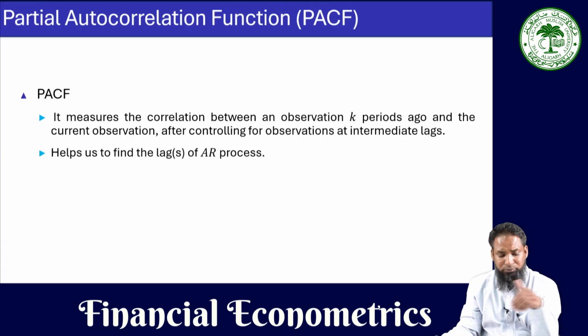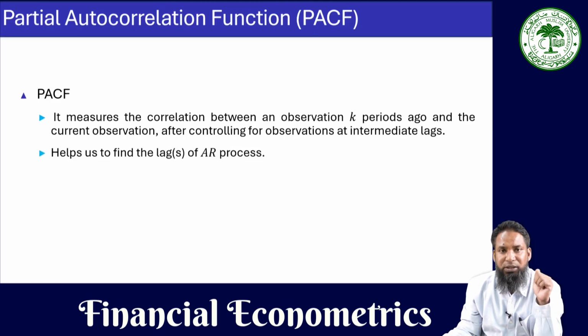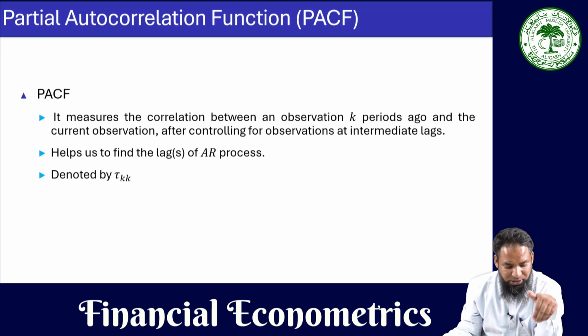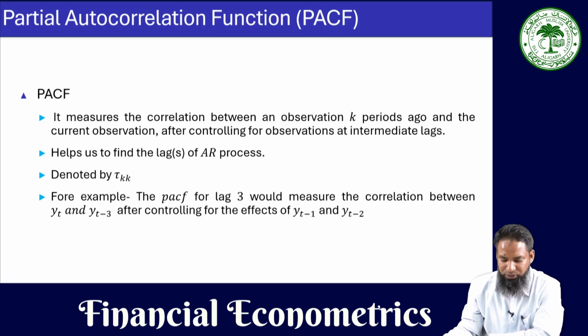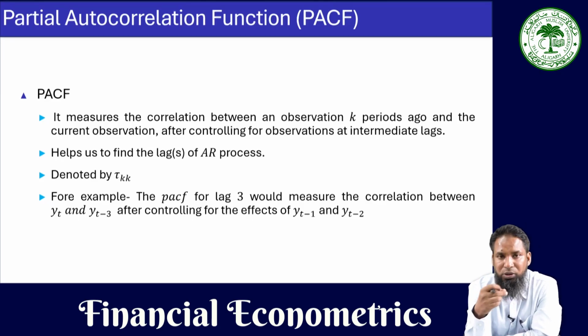This PACF helps us to identify the autoregressive process, and is usually denoted by tau kk, the partial autocorrelation function at lag k. For example, the PACF at lag 3 would measure the correlation between yt and yt minus 3, controlling for the effect of yt minus 1 and yt minus 2.